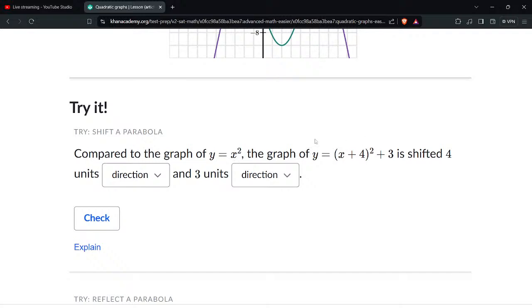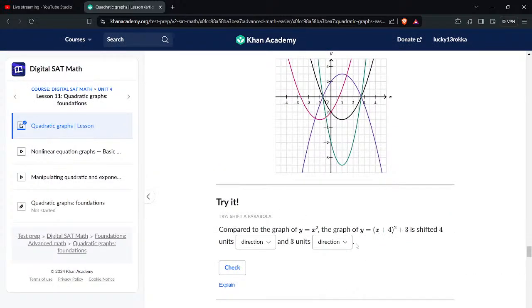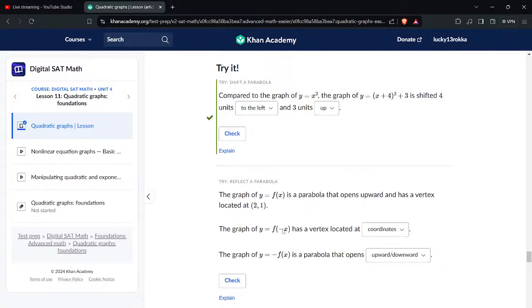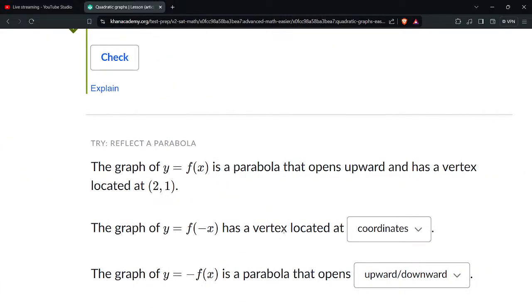The graph is shifted by 4 units. Okay, so this is the question, right? So it's plus 3, so 3 units upwards, and then we got 4 units to the left side. Okay, the graph opens upward and has a vertex located at 2, comma 1.